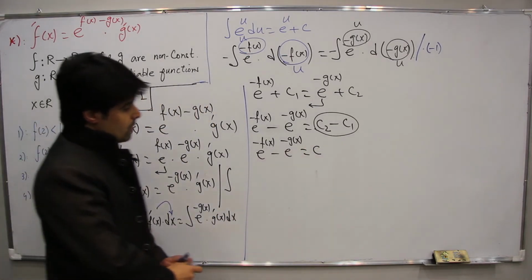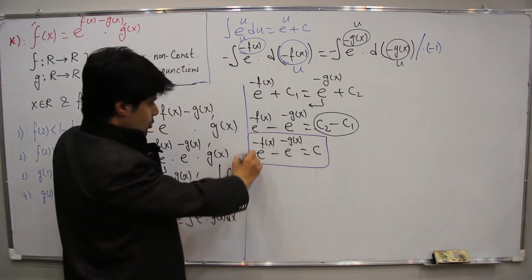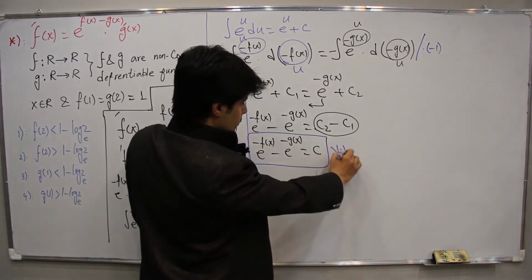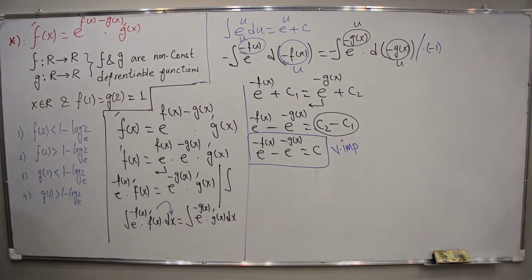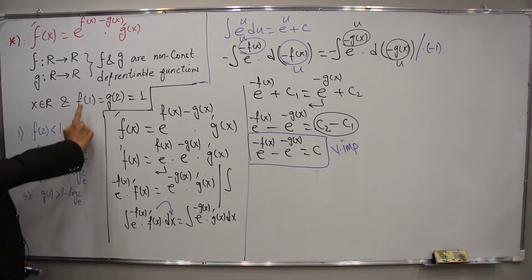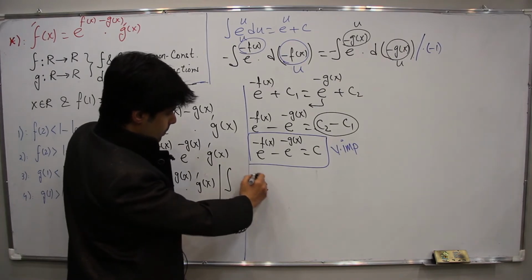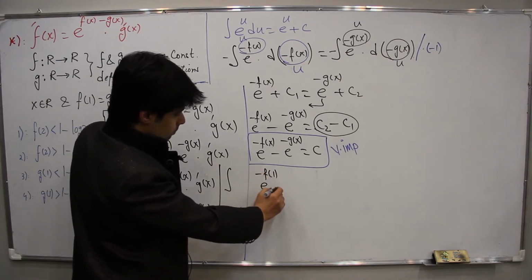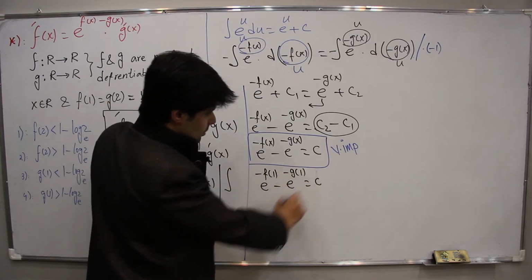Now, this one becomes an important equation. Very important equation, that we can find something from here. Now, I want to put first 1. So, it becomes e to the power minus f(1) minus e to the power minus g(1) is equal to c.